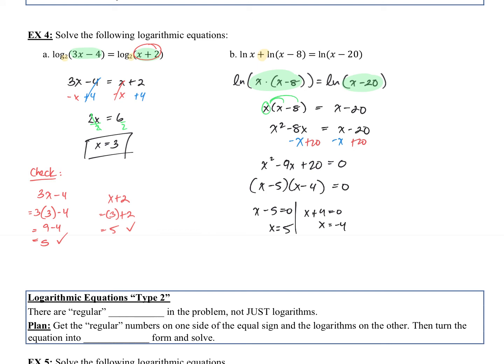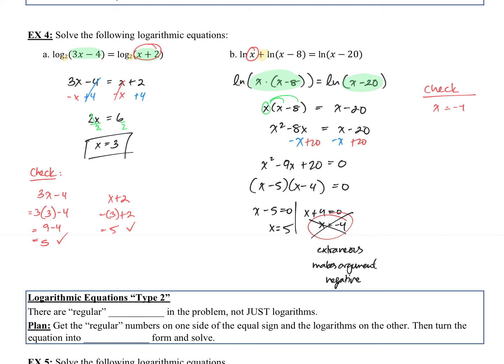Do they both check out? I don't know, I'll go ahead and check. If we have ln x and plug in a negative value, we get a negative argument, so it doesn't work. Extraneous. It makes an argument negative.